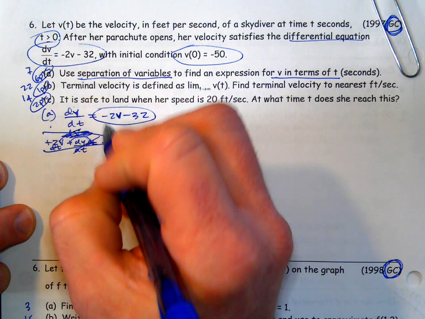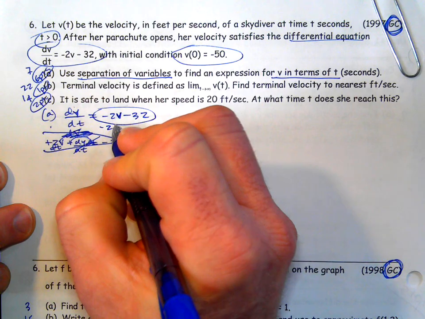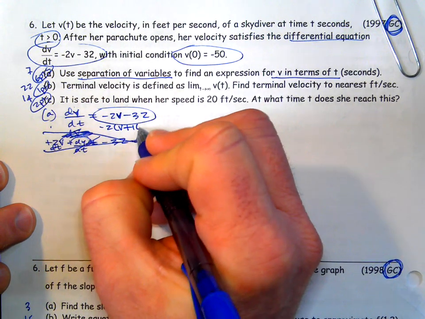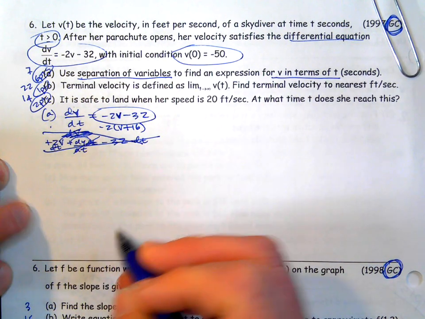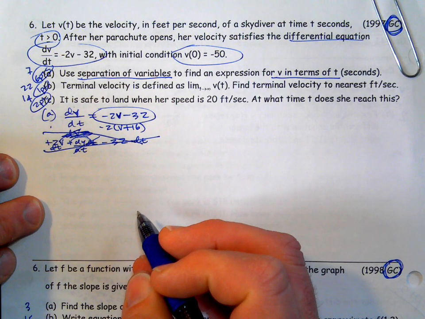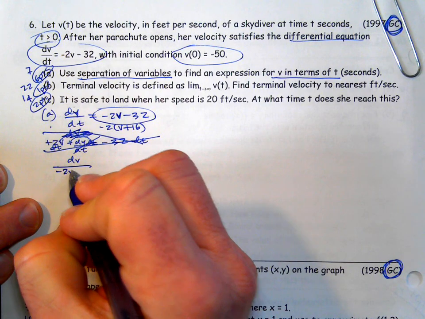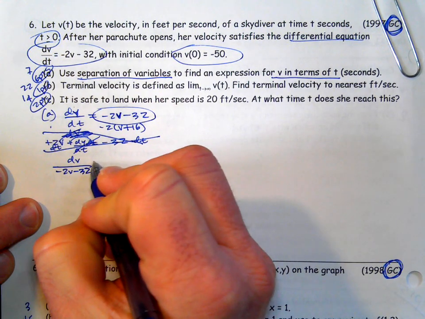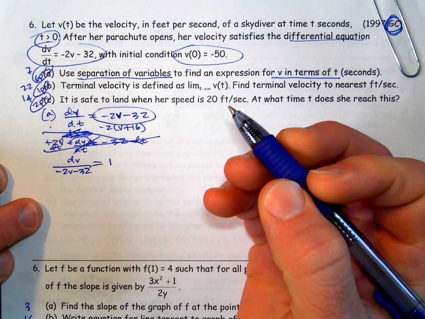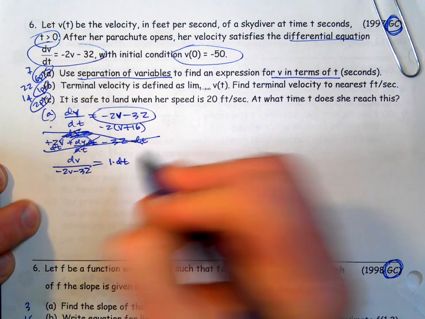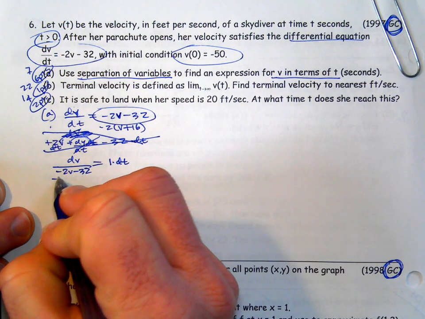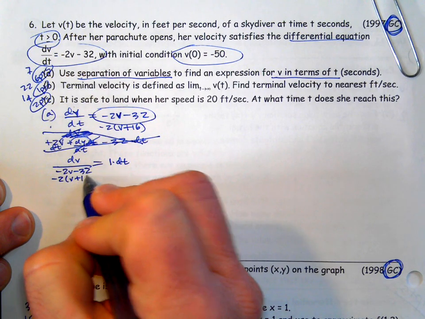It is possible that you could factor a -2 out and leave the -2 on the right side. It might not be a bad idea, but anyways, I'll just bring it all over. And that means there's a 1 left over, right? There's not a 0, so there's a 1 dt. I think it would probably be helpful to factor this ahead of time.